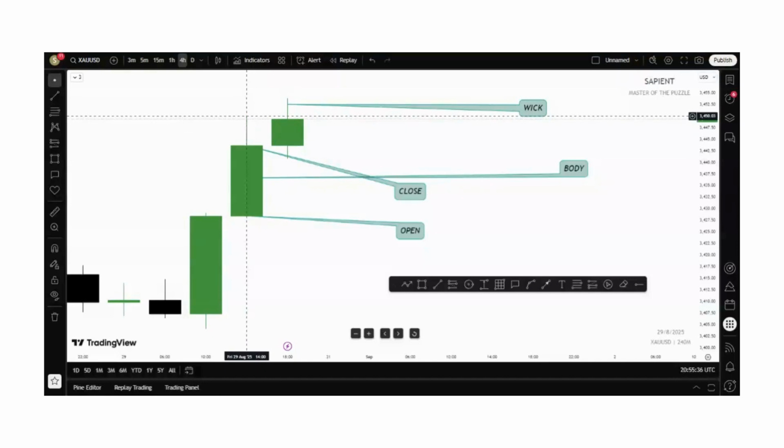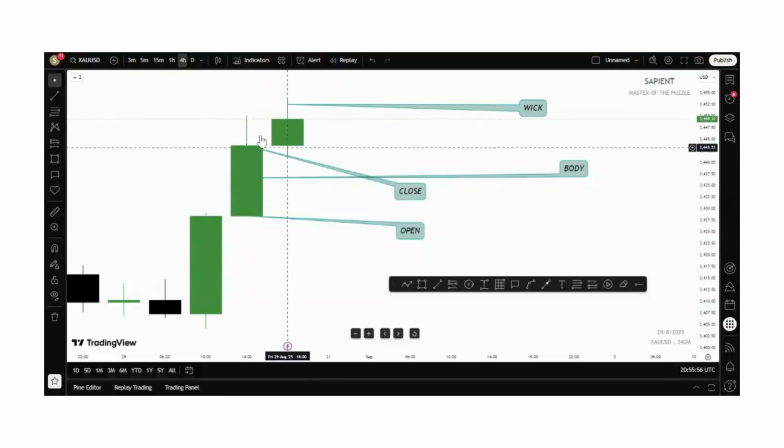You will just know that price closed at 50. You will not know that price went to 70 before. That is where the wick comes in. The wick will show you where price has been.